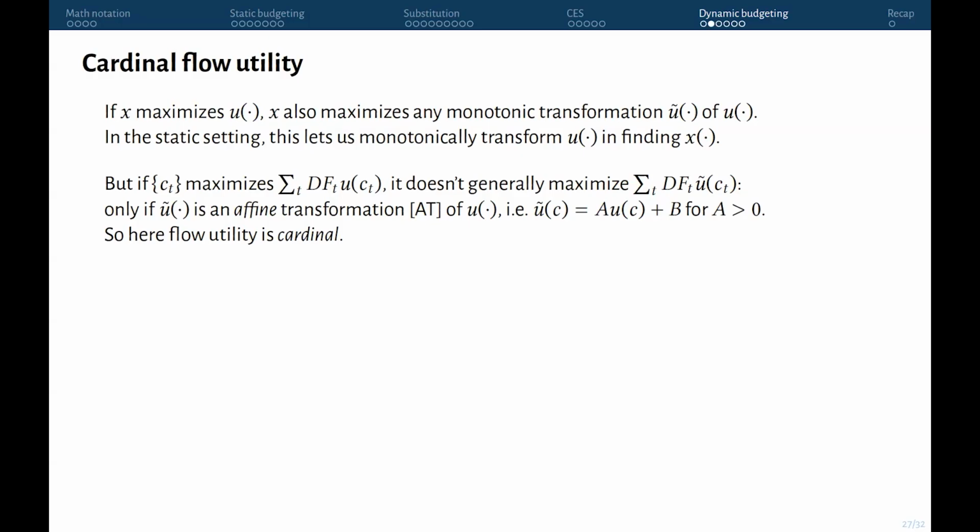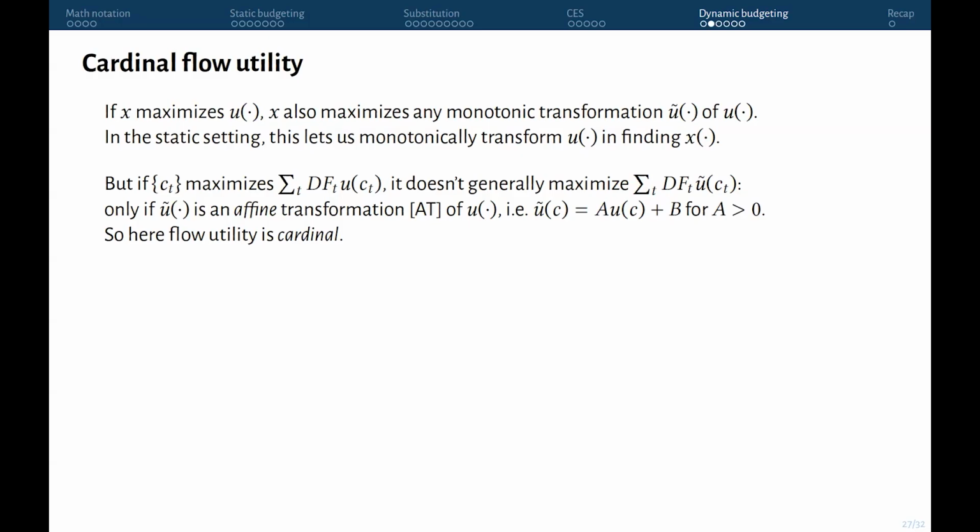It will if this transformation is an affine transformation. So if you change the utility function to say you get 5 more utils at every point in time, no matter what you buy, that's not going to change what the optimal sequence of consumption levels is. And same if you just rescale the units by A, that's not going to change what's optimal.